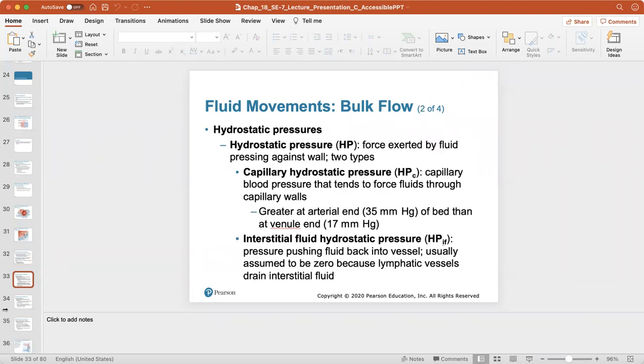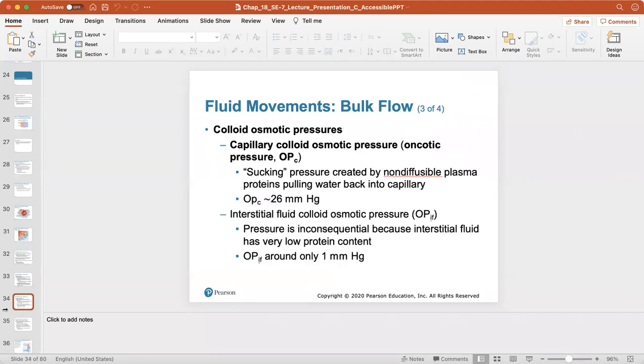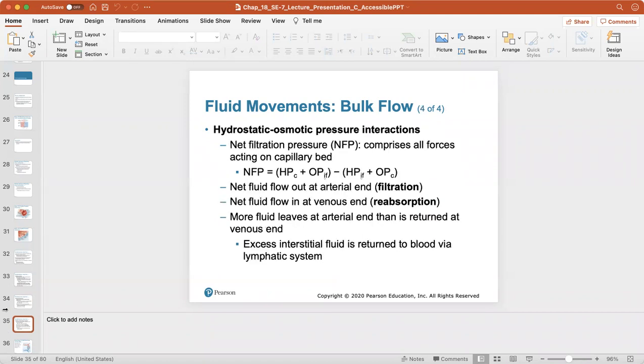Hydrostatic pressure is the force exerted by a fluid pressing against the wall, and there are 2 types, whether it's coming from the capillary or the interstitial fluid. And then colloid osmotic pressure has to do with the sucking pressure created by non-diffusible plasma proteins pulling water back into the capillary. So we have different pressures that affect fluid movement.